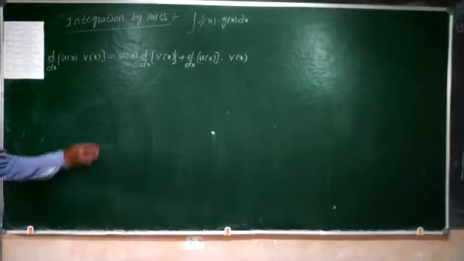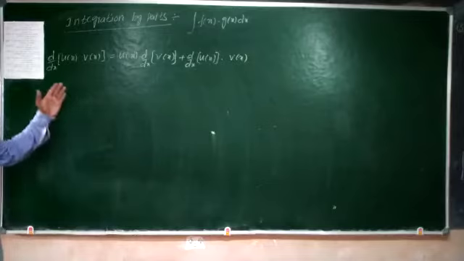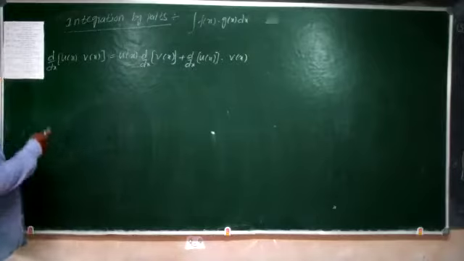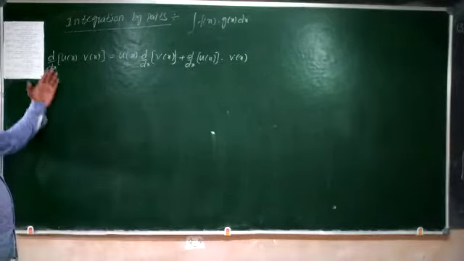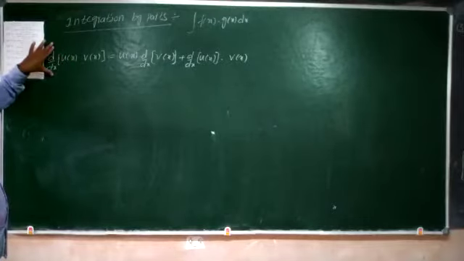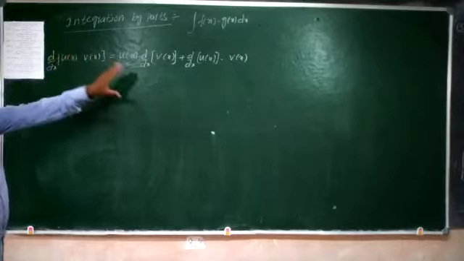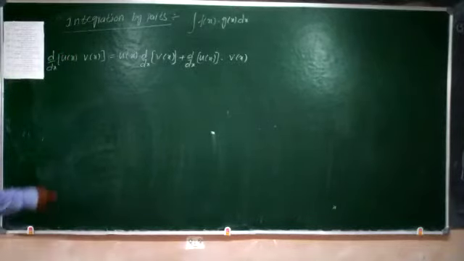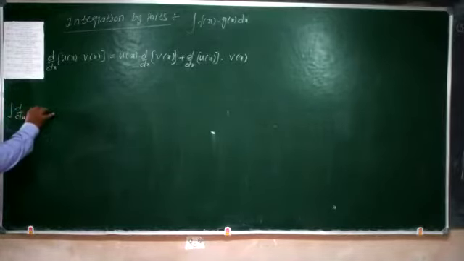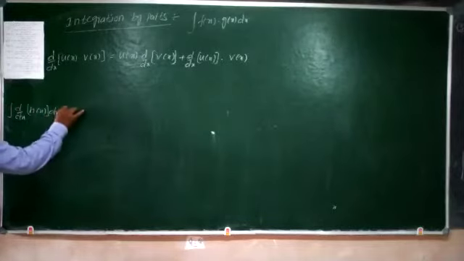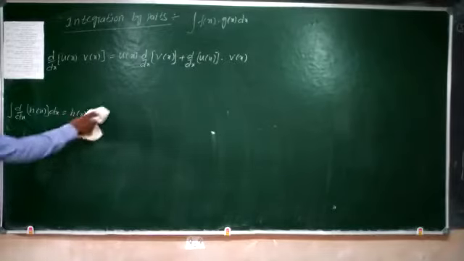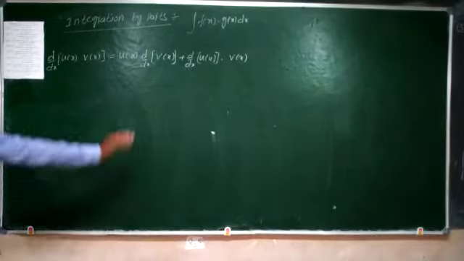Now you apply the integral on both sides, by the basic properties of integration. Integration of the derivative of any function gives the same function. That means integration of the derivative of h of x dx is equal to h of x only. So you apply integral on both sides.